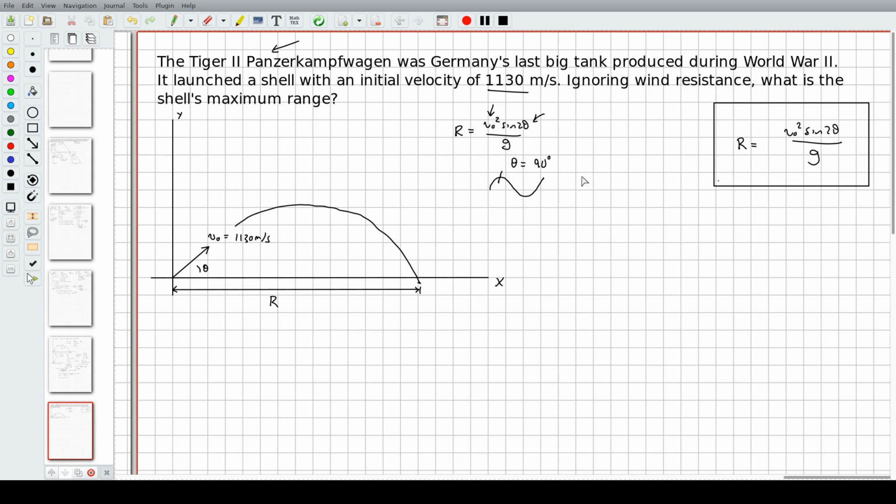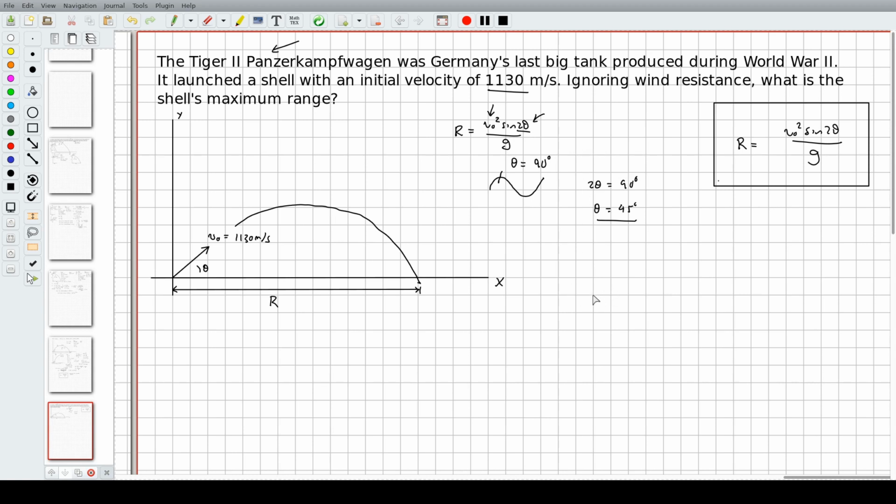So the angle in the sine would have to be 90 degrees. So that means that 2 theta would have to be 90 degrees. And what that means is that 45 degrees is the angle that maximizes the range of something that's shot on a flat surface like this. Okay, this is a true statement.